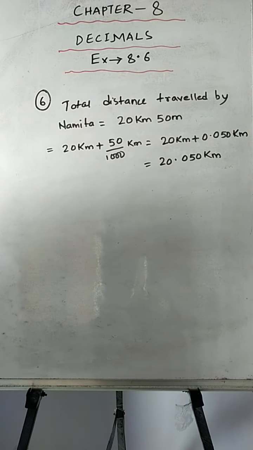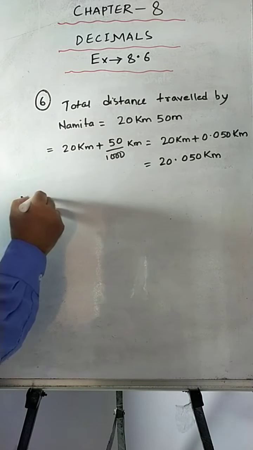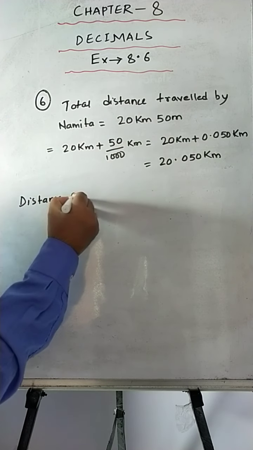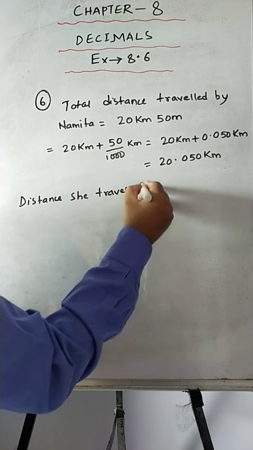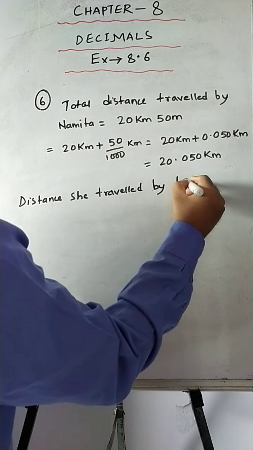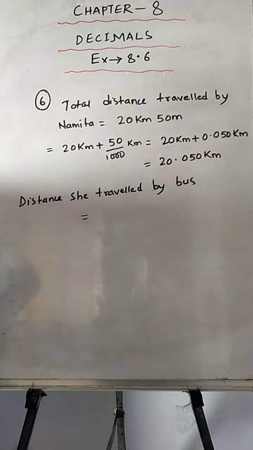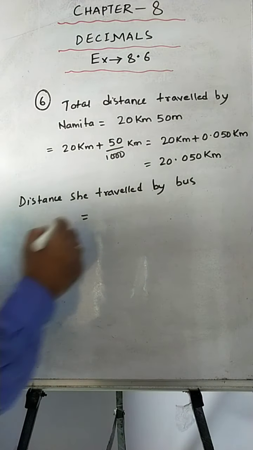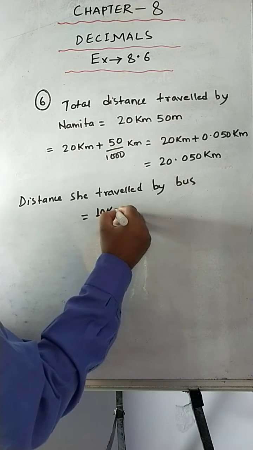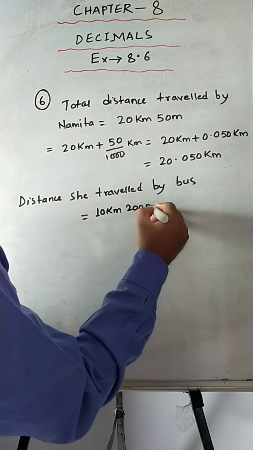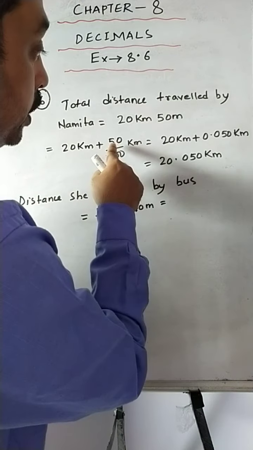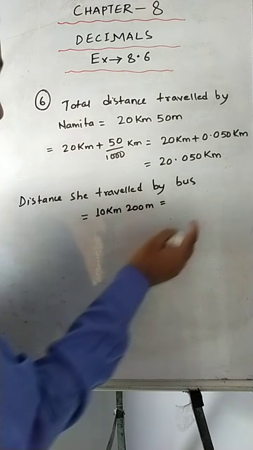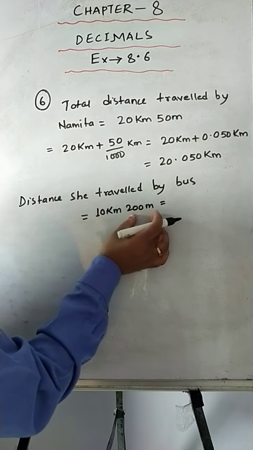Okay, now distance she traveled by bus, and that is given as how much? 10 kilometer 200 meter. Now this time I'm going to write the decimal form directly. I'm not going to write all this process. I'm going to write directly. That is 10 kilometer 200 meter.